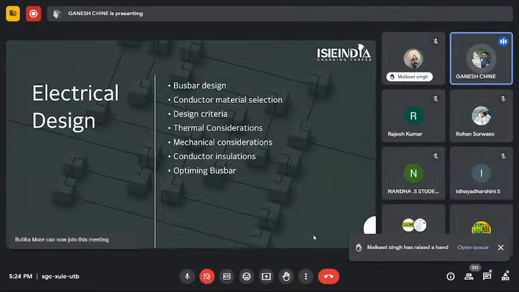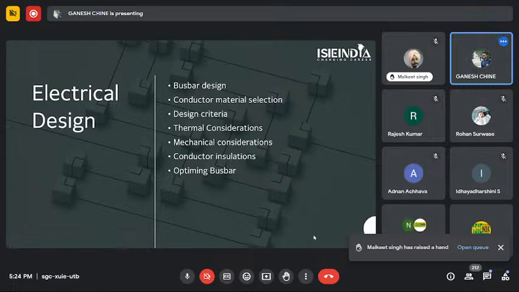Firstly, we go on with the selection of bus bar material. We need a material which has low electrical and thermal resistance.